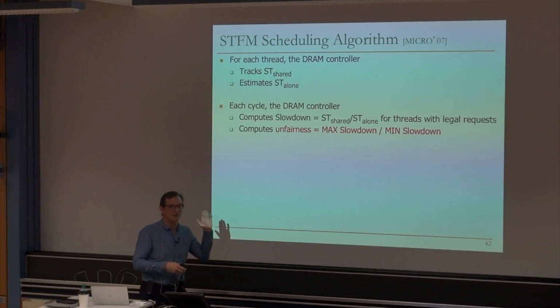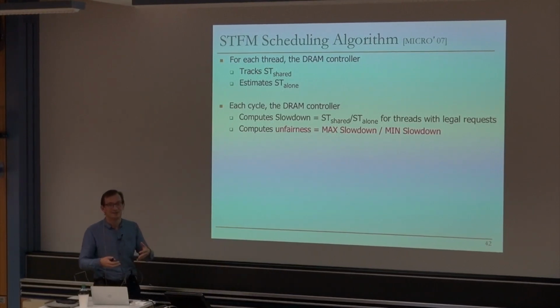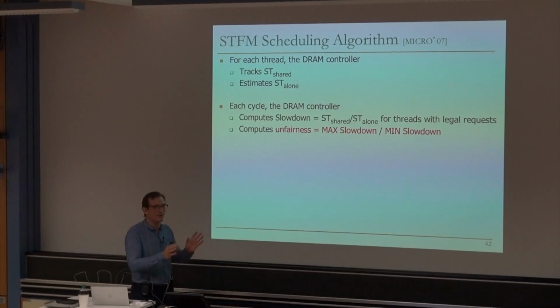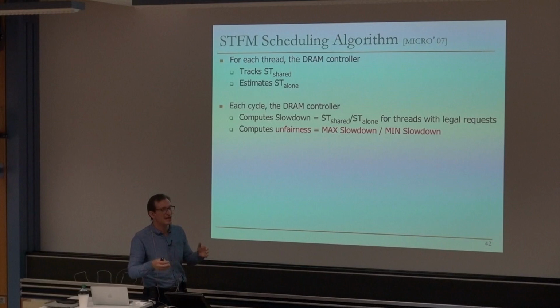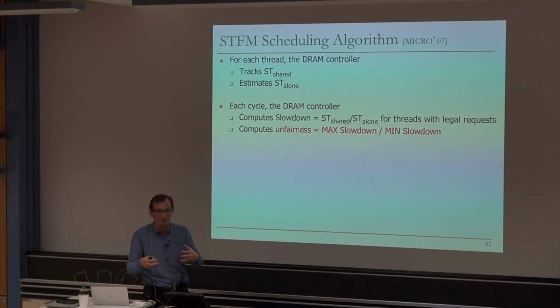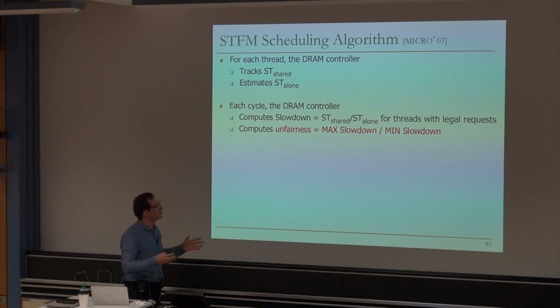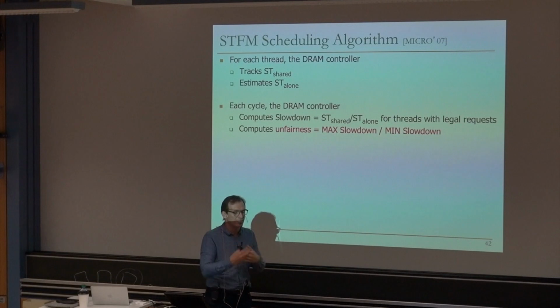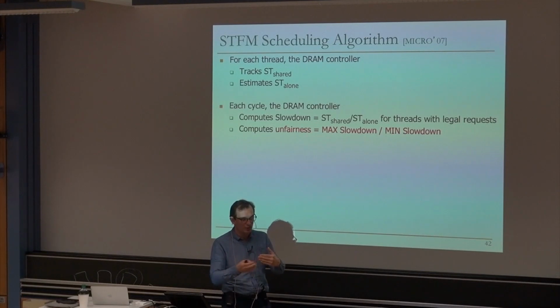You need to now keep track of the row buffers. And you need to keep track of the row buffers that would have been open if the thread were running alone. You could do that. Okay, you add some more row buffers or shadow row buffer IDs, at least addresses. These keep track of the row buffer ID that would be open if the thread were running alone in the system at additional hardware cost. And whenever you schedule a request from this thread, you check whether it's a row buffer conflict.